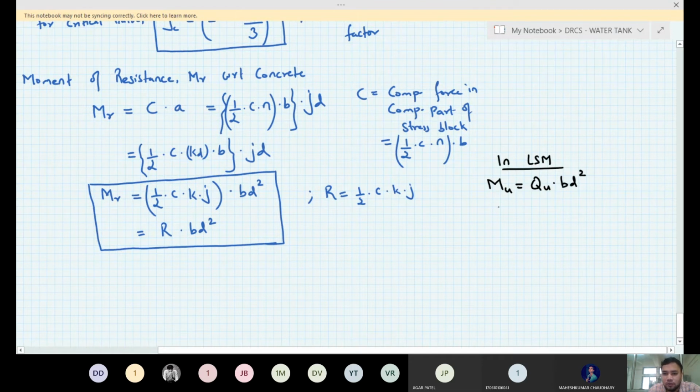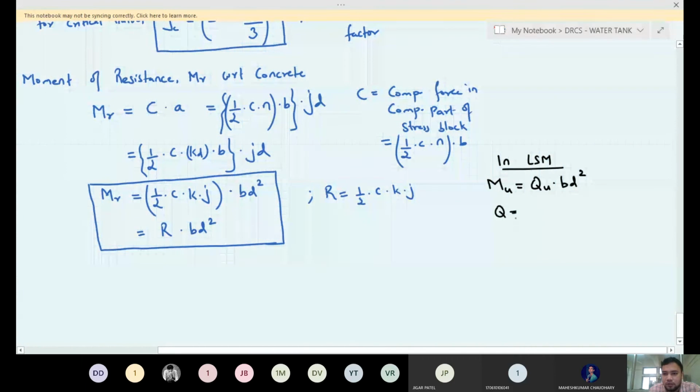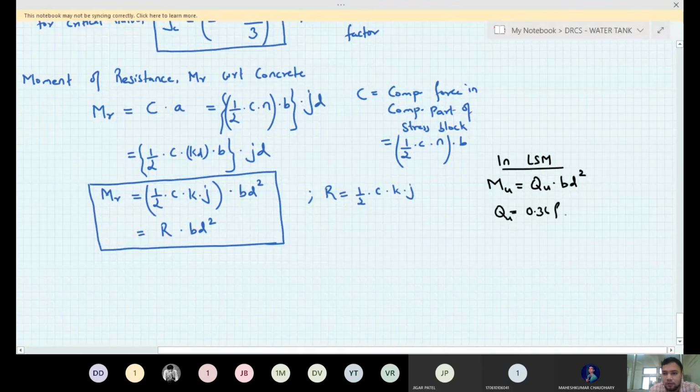This Qu is analogous to the value R. If you remember, the value of Qu is 0.36 fck into XU by d into 1 minus 0.42 XU by d.